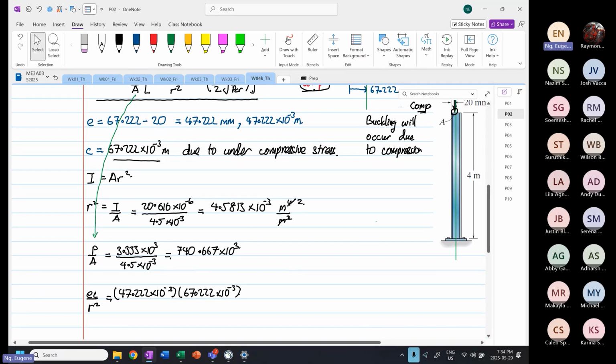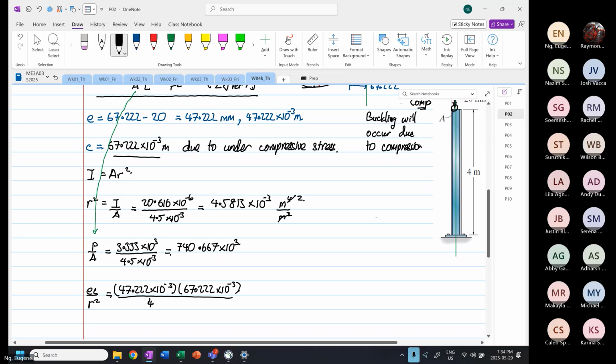And our R squared is equal to 4.5813 times 10 to the power minus 3.